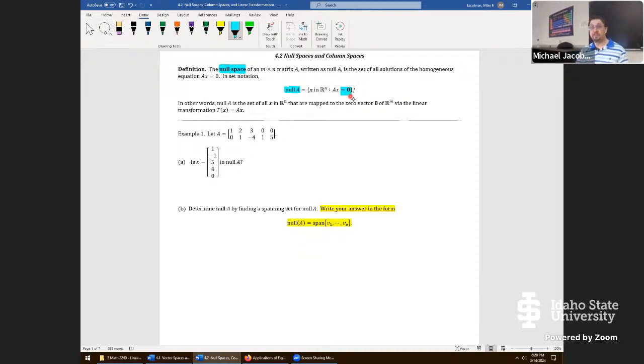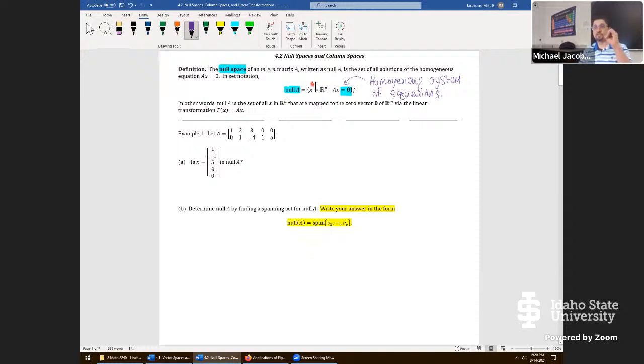And if that feels familiar, then you're on the right track, because this is a homogeneous system of equations. It just happens to be written in matrix form. It could be in vector form, or it could be written as just the equations written out. This is taking all the solutions.